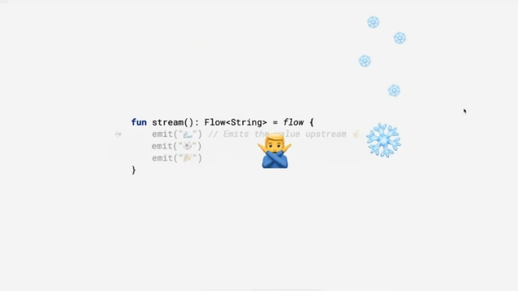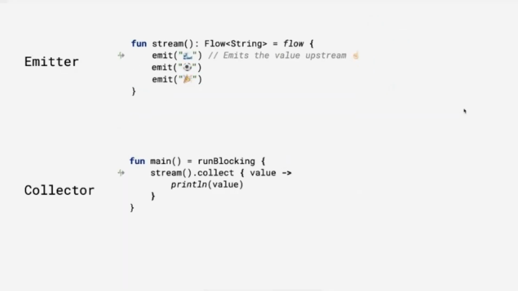Moving on to the second part, the collector. Here we have a main function which gets the Flow inside runBlocking using the stream function. For people who haven't used coroutines, runBlocking is a function which is a blocking coroutine scope. That is, it blocks the current thread until everything is completed.